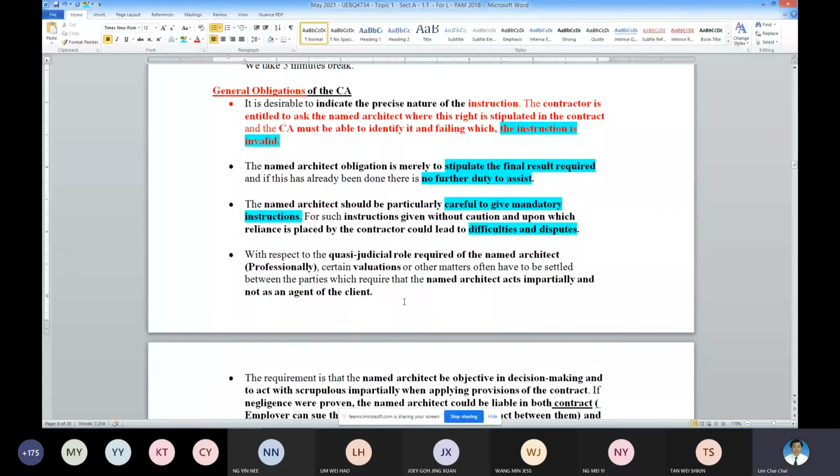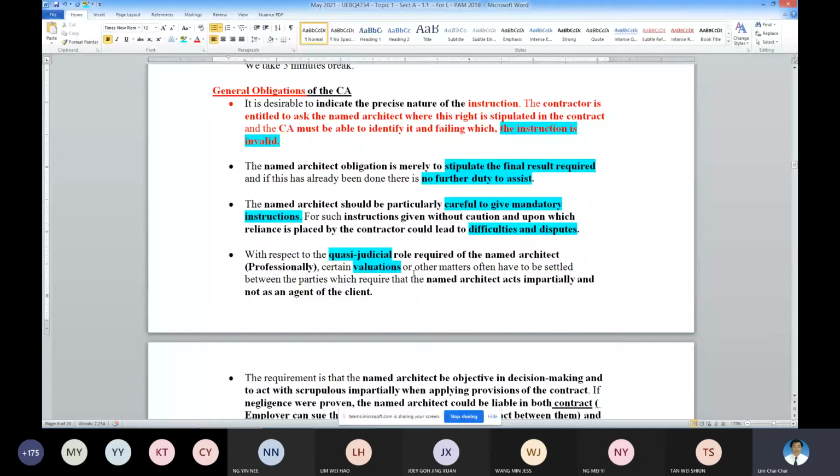Next, be careful, as I say, it's a professional role by the architect. Okay. So during this professional role, the architect is carrying out the matter related to valuation. Okay. Valuation means involving payment, claims, VO matters, and so on. Okay. So architect must act impartially.